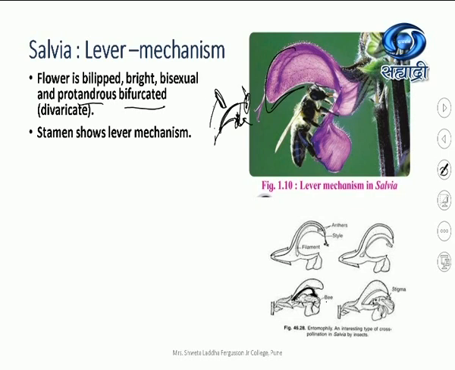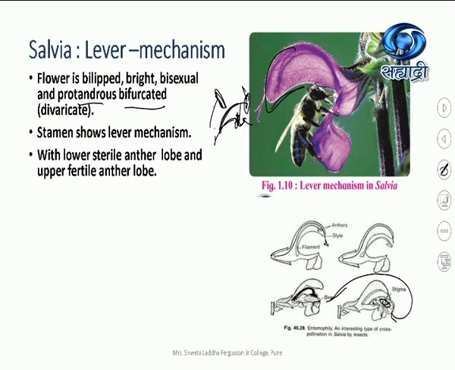Now this honeybee goes and visits another flower. When it is visiting another flower, the gynoecium is mature in that flower and the stigma is sticky. So the stigma collects the pollen grains which are deposited on the back of the honeybee, and thus cross-pollination occurs with the lower sterile anther lobe and upper fertile anther lobe.